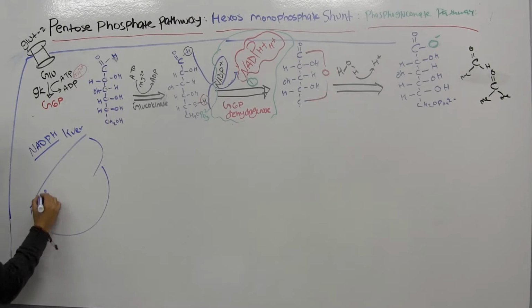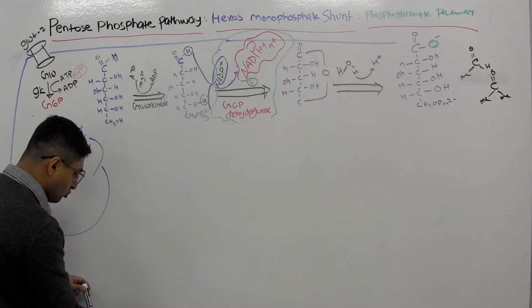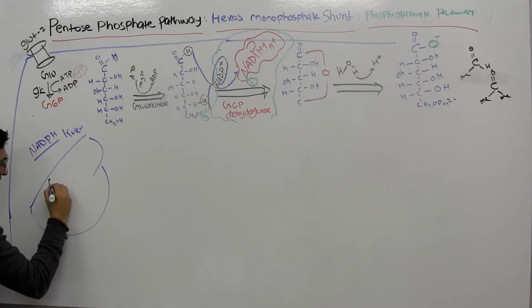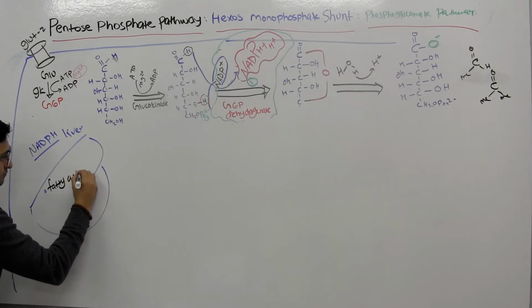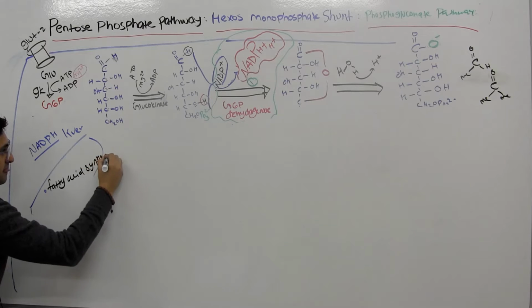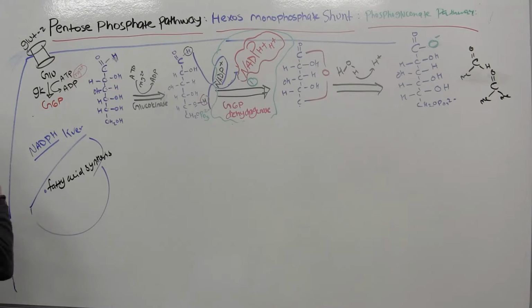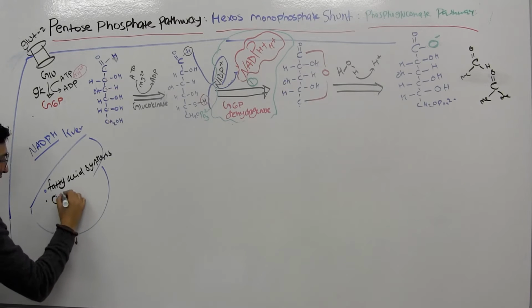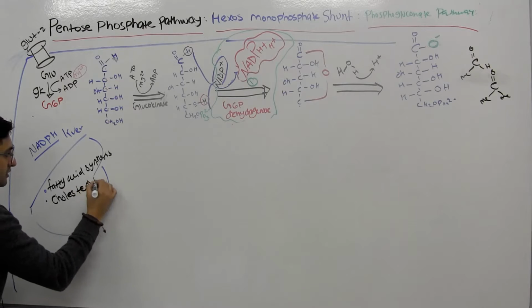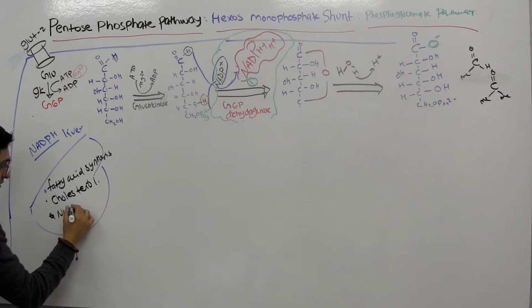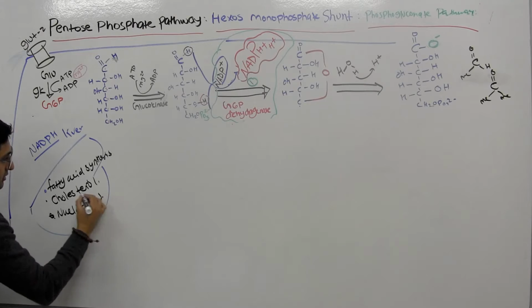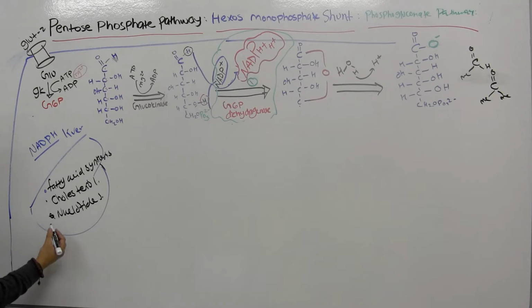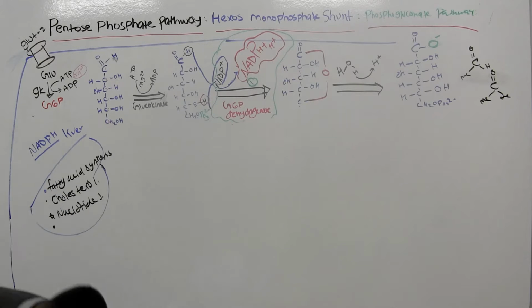One of the things we do with this NADPH is use it for fatty acid synthesis, and after that we also use it for the biosynthesis of cholesterol, and also for nucleotides and all that stuff. We use NADPH for these in the liver cells.